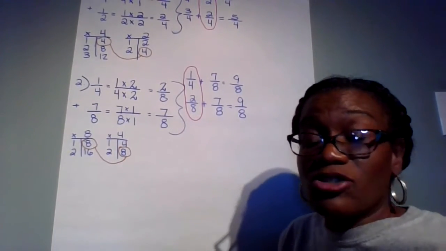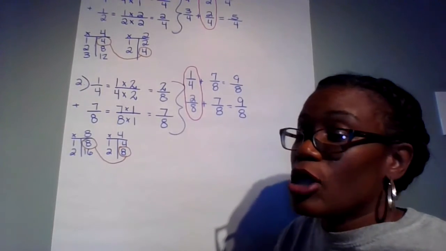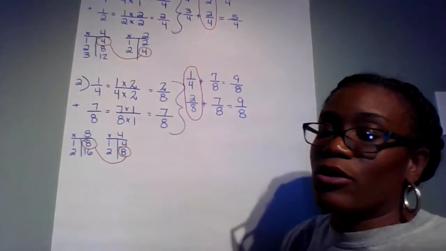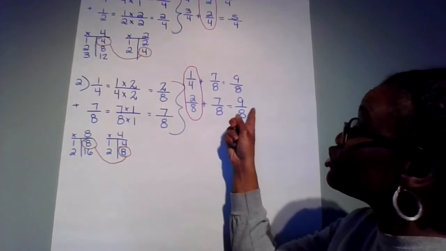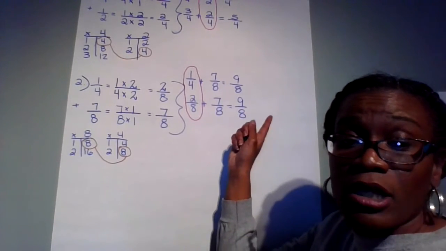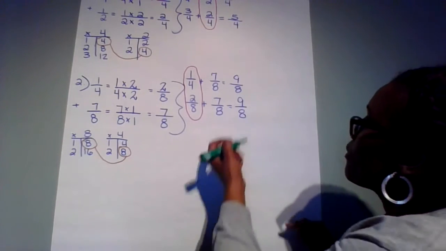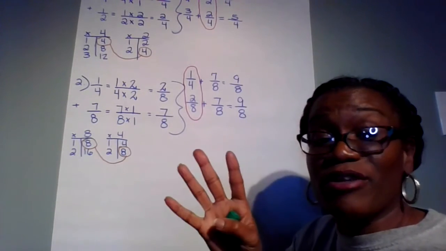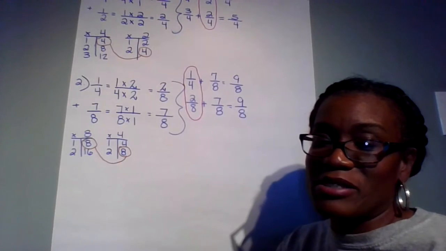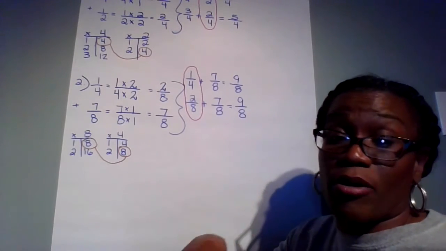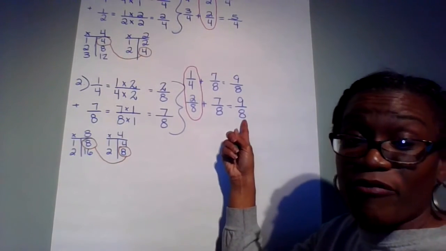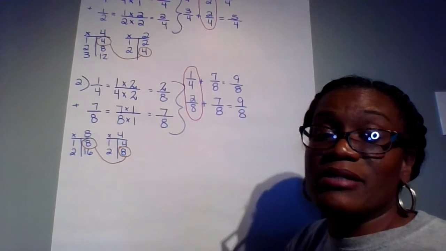They're the same. They just have different denominators. So I'm going to bring out my green pen and I'm just going to change 9/8 into an equivalent fraction. So, I'm sorry, not into an equivalent fraction. Thank you for correcting me, scholars. A mixed number. So, I'm going to change my improper fraction into a mixed number.